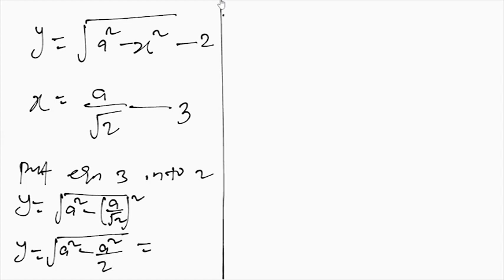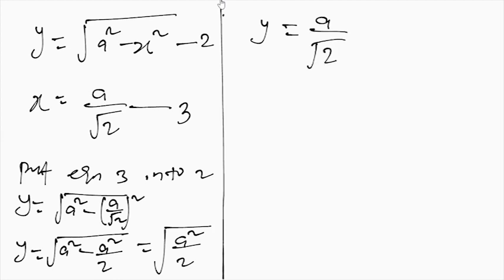When you simplify this, it will give us the square root of a squared over 2. So in like manner, y is also equal to a divided by root 2. So at the critical point we're able to get the value of x to be a over root 2, and also the value of y to be a over root 2.